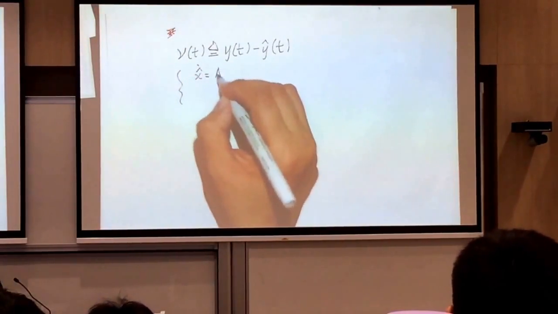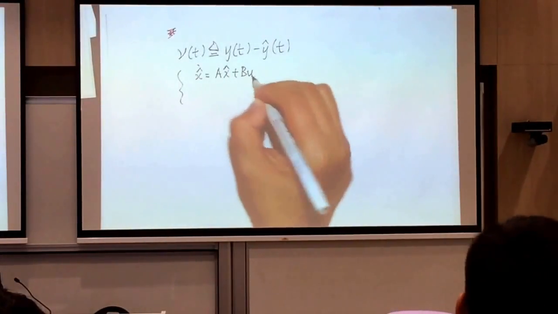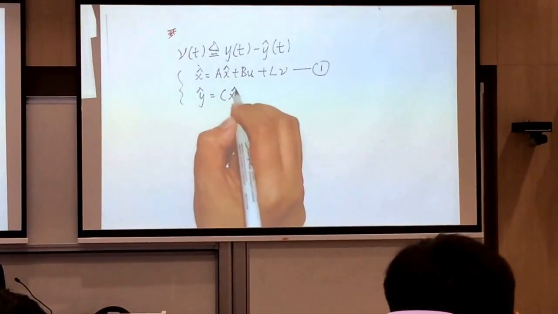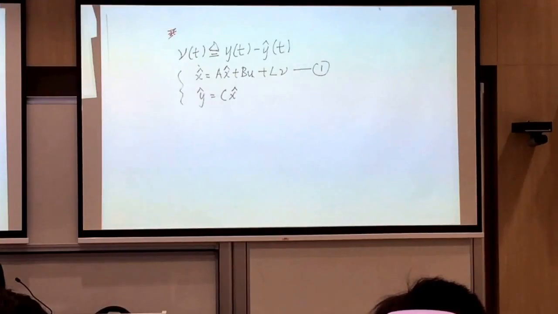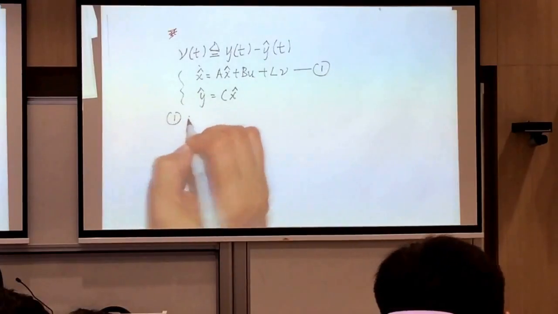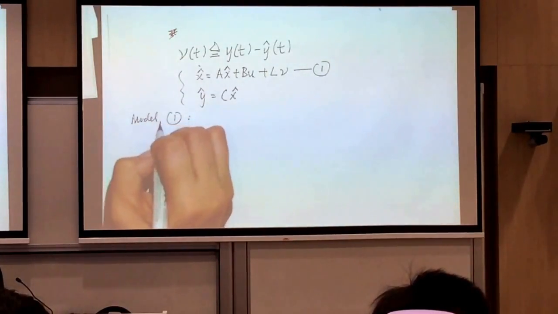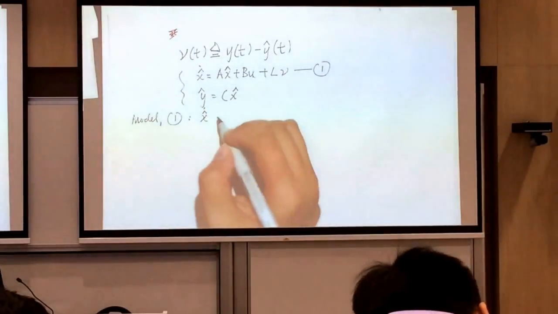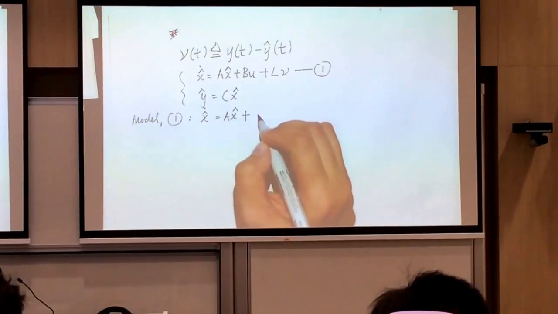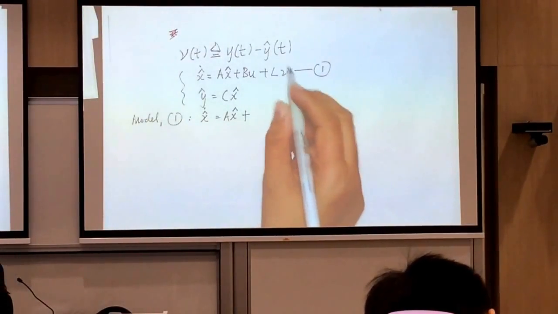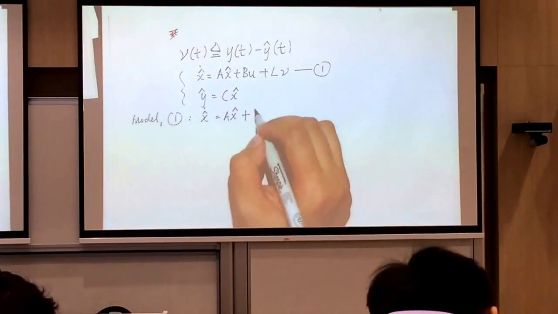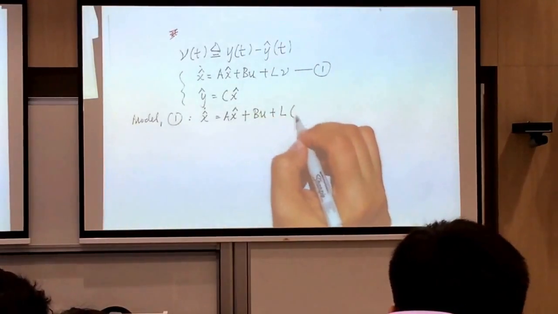X hat dot is A x hat plus BU plus L mu, equation 1. Y hat is C x hat. So from 1, for the model, x hat dot is A x hat plus this new one, which is L times y minus y hat.